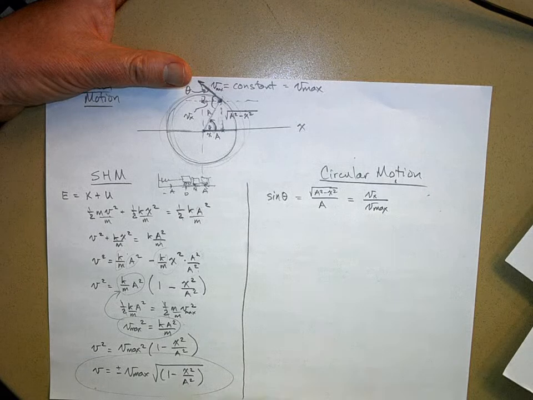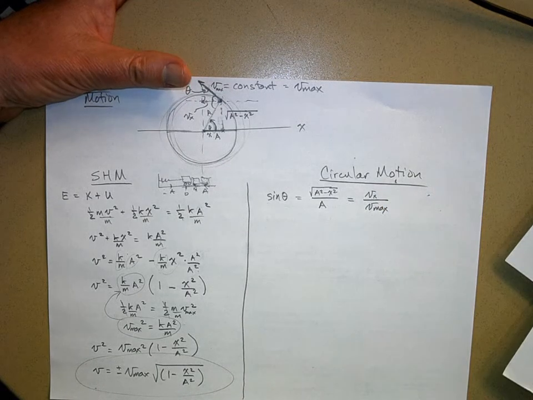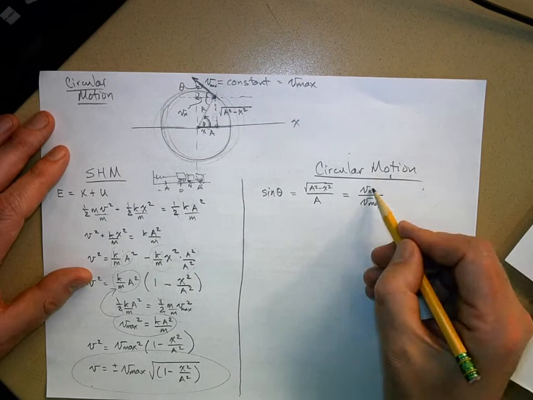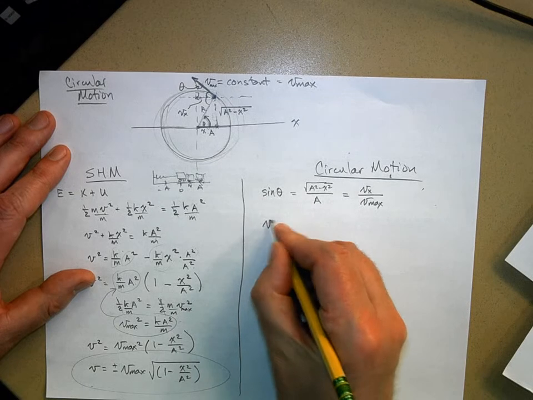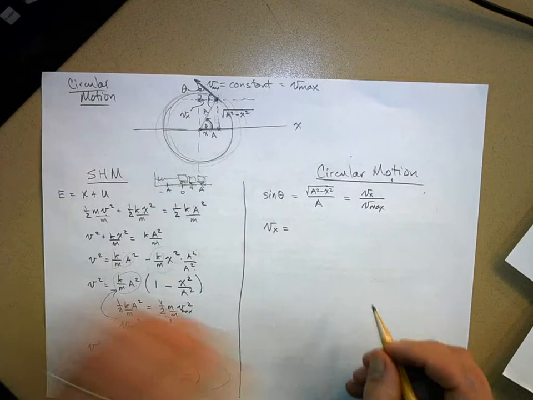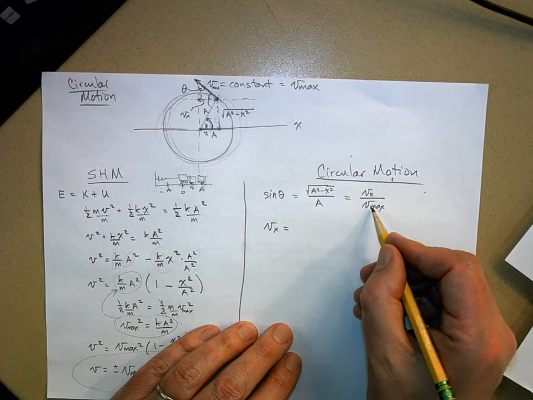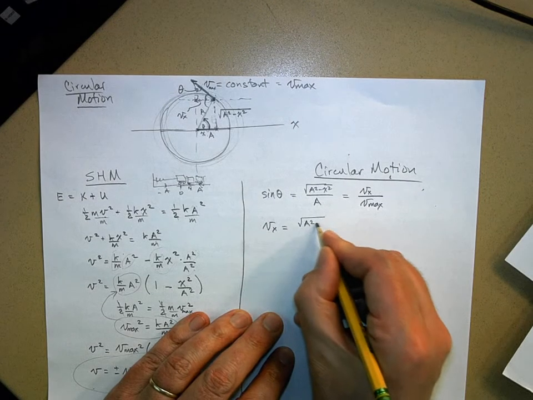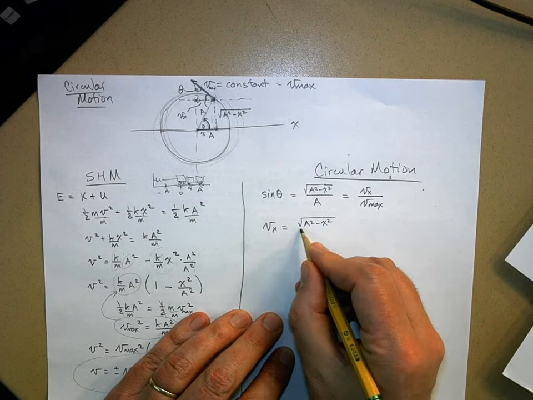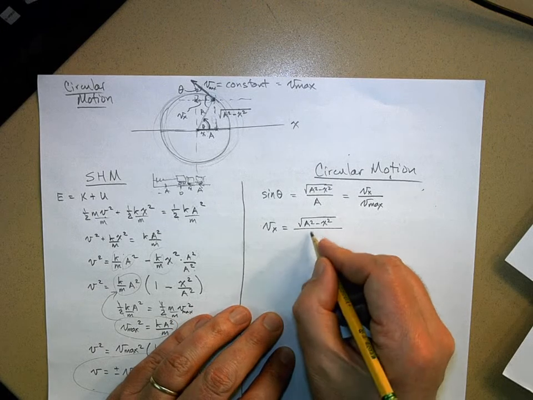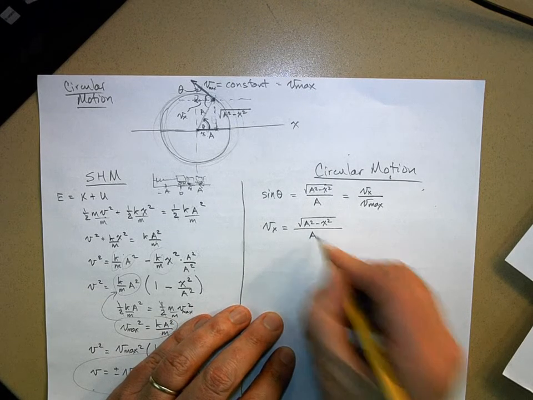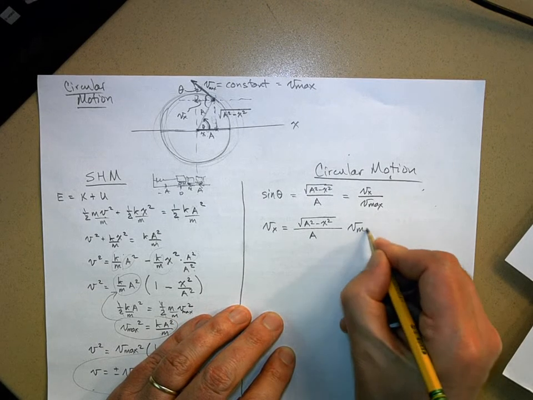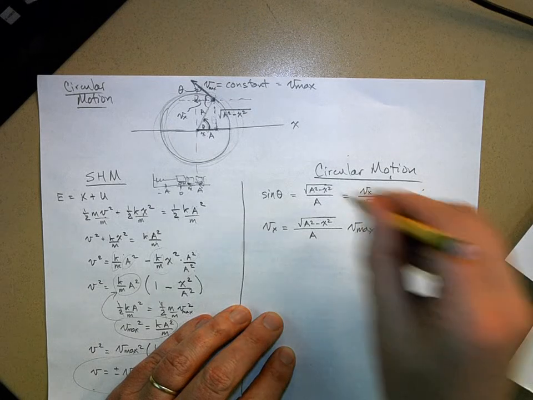Well, let's solve for V in the x. So V in the x is equal to the square root of a squared minus x squared divided by a times Vmax. Right? It's this times this divided by this.